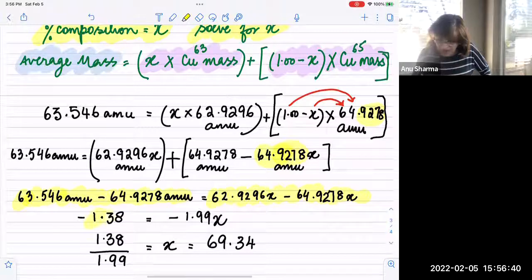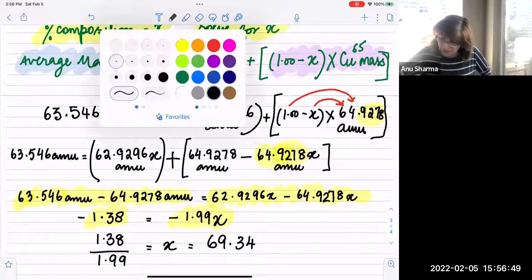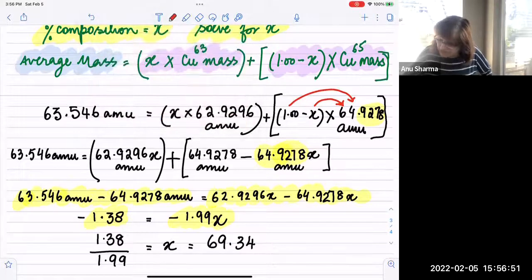When you subtract that, you get negative 1.38, but the negative signs cancel on both sides. And then here you get negative 1.99. So just make a note of it. I had a wrong number written here.